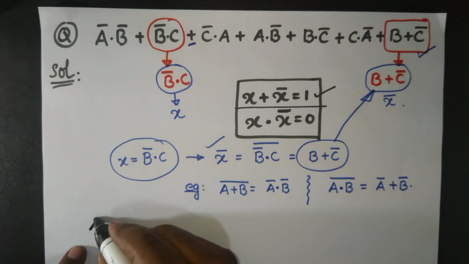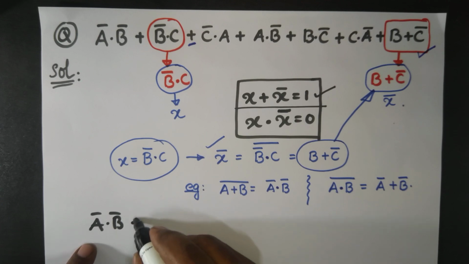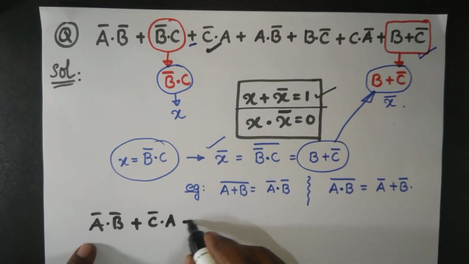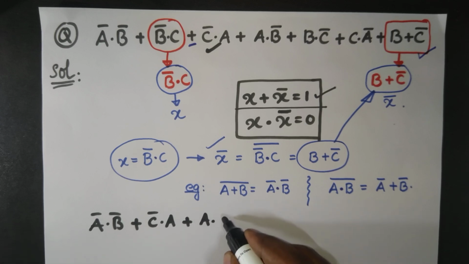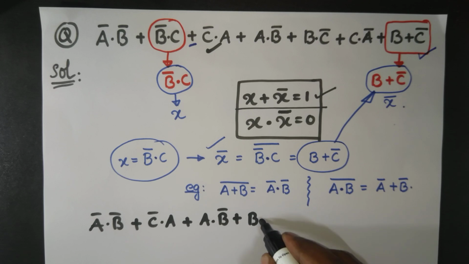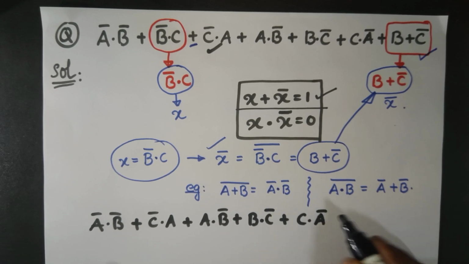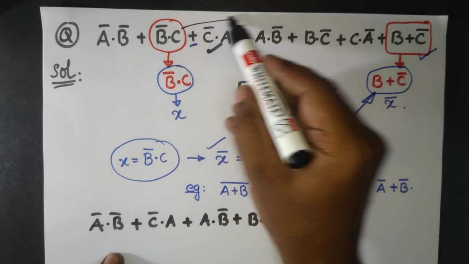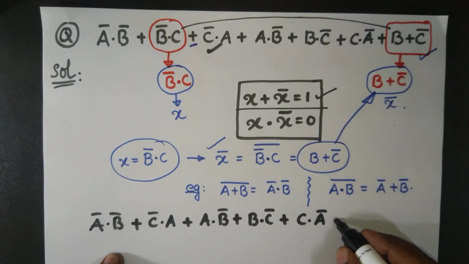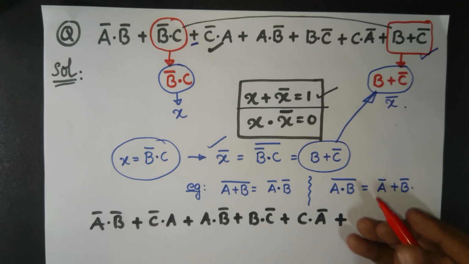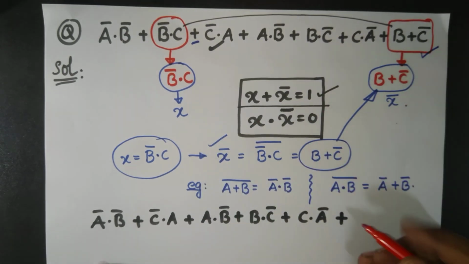I have A complement and B complement, or C complement and A, again A and B complement, or B and C complement, or C and A complement. Now these two fellows will be replaced by 1, because we have X or X complement equal to 1.